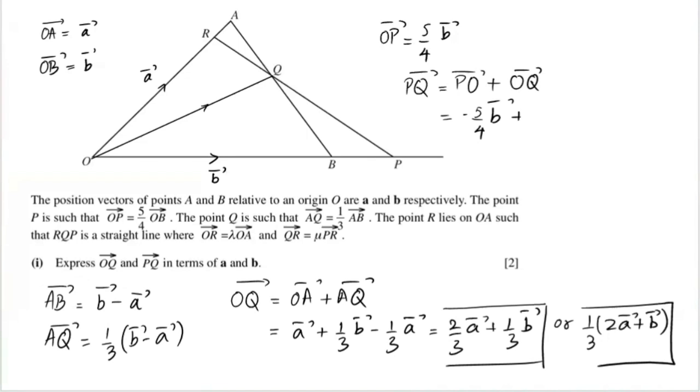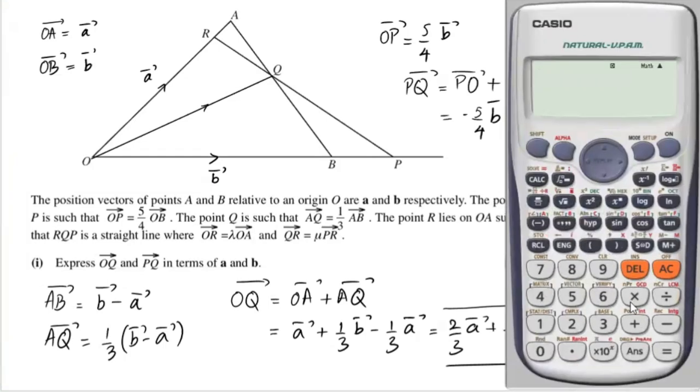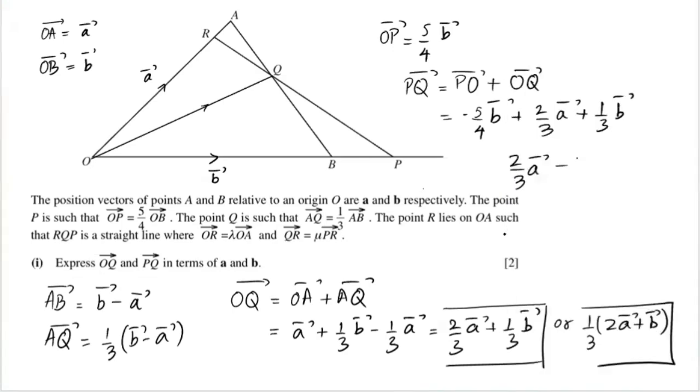So I'm using the same earlier answer, 2/3 a plus 1/3 b. So don't worry, you can use a calculator as well. In order to write them in terms of just a and b, simplifying, minus 5/4 plus 1/3. I can save time on a calculator paper by doing this. So this is going to be a negative 11/12 b.